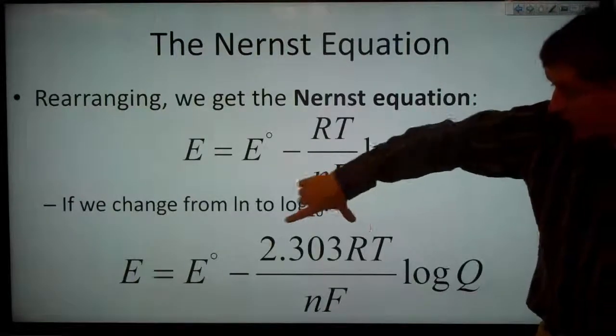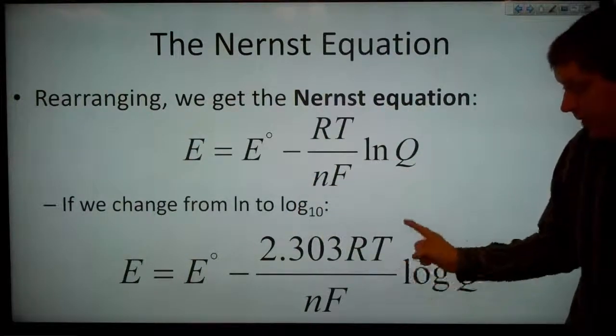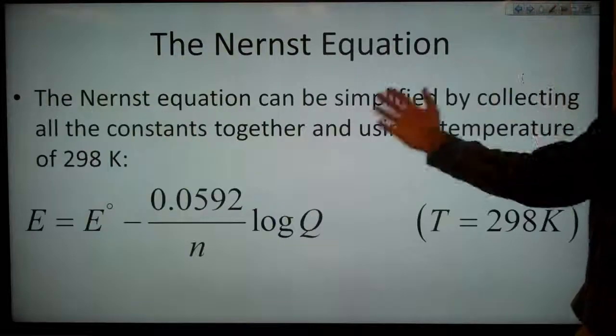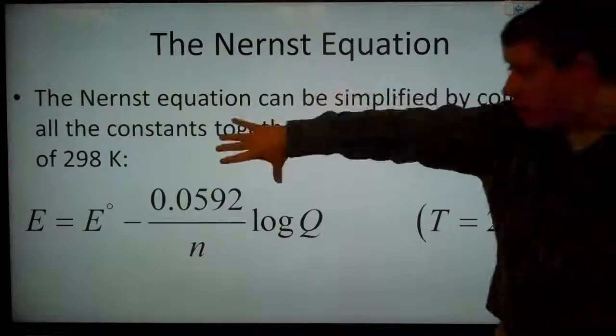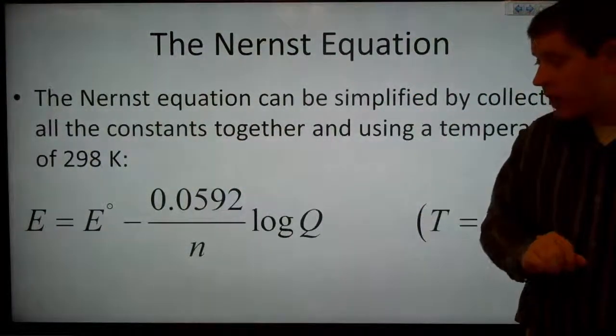R is a constant, 2.303 is a constant, F is a constant, and if we fix the temperature to a certain value, 298 K, then we can wrap all of them in together with this number here, 0.0592.